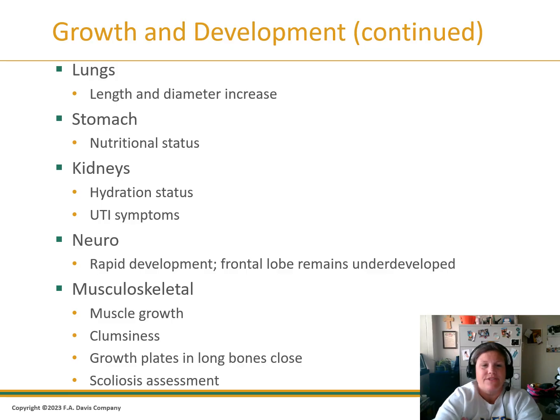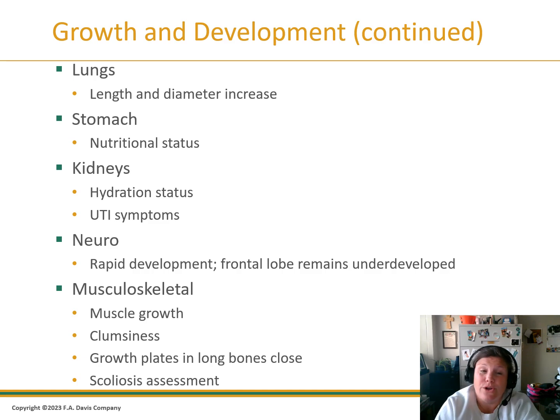Okay, in terms of their other major systems, the main thing is still maturation occurring. There's a lot of development happening neurologically, but the frontal lobe is still not fully developed. Just like we talked about with the musculoskeletal, they can be somewhat clumsy. A lot of times that's due to the rapid changes like in growth spurts, and sometimes the fine motor hasn't caught up with those changes.